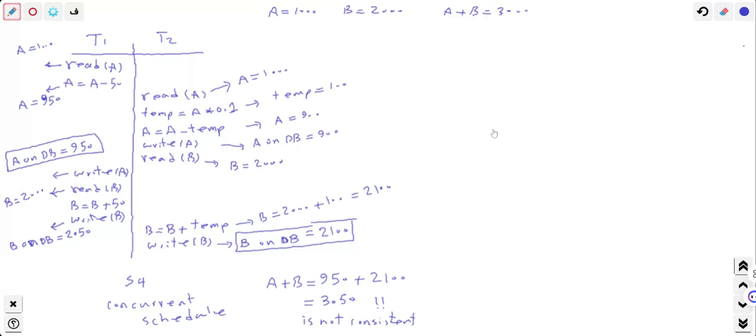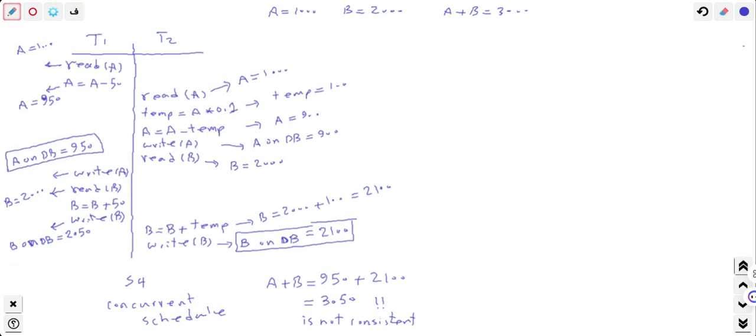So if you would like to not have this situation, and if we want concurrent schedules to be consistent, we should control the order of execution of operations.